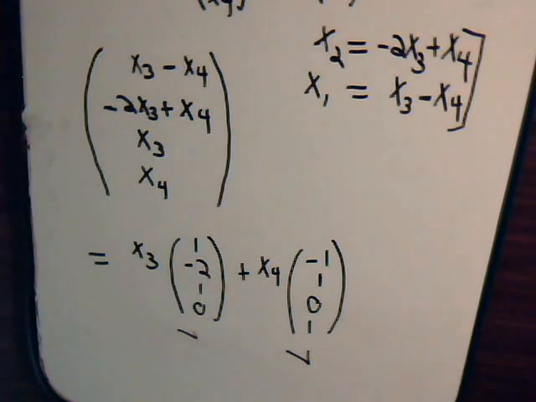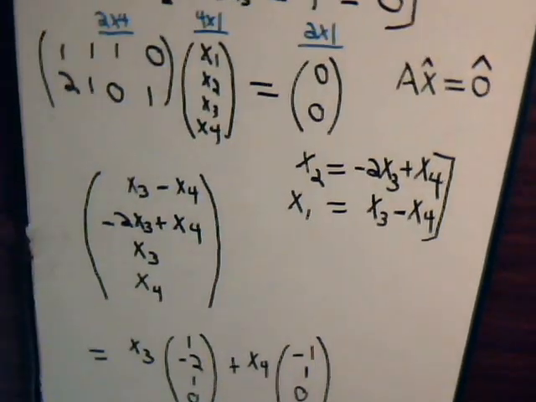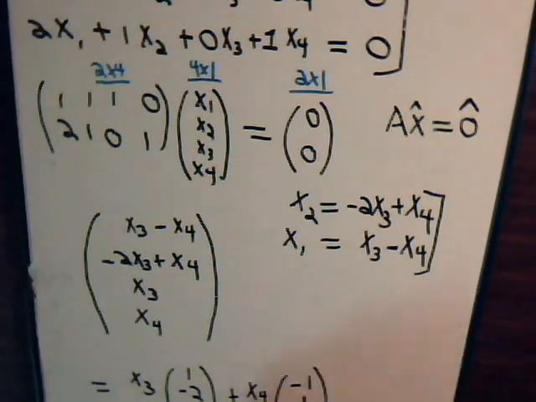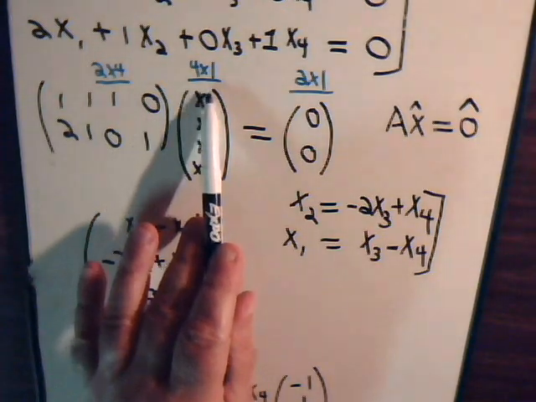But let's look closely how this happened. Originally we said, well, we've got lead variables x1 and x2, therefore we have x3 and x4 as the free variables, the ones that can assume any value. Therefore you're going to have an infinite number of solutions. So we said, well, what will this vector here look like?